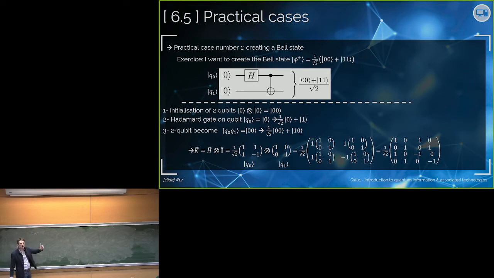So if you remember, for an electron spin, for instance, the spin can be up or down, which could be the 0 state or the 1 state. So I should be able to control the spin of my electron. For that, it's fairly easy. I can put it in a magnetic field and then orientate the spin into the up state.